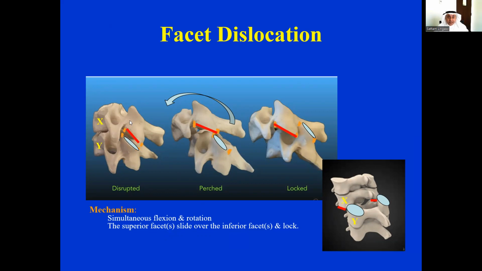With excessive flexion injury, the facet of the vertebra above will start sliding anteriorly, uncovering the articular surface of the vertebra below. So there will be mild uncovering, complete uncovering, and eventually falling down and interlocking.